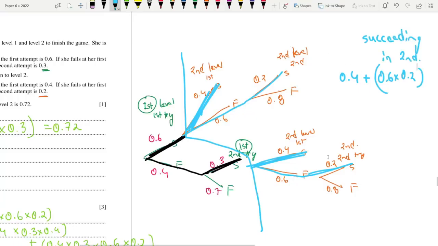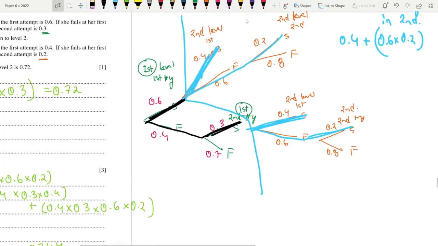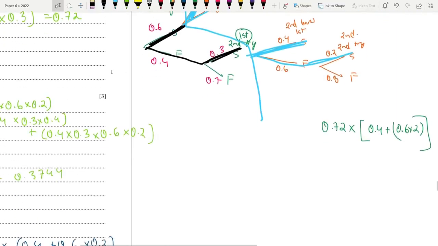Do you guys understand? 0.4 plus 0.6 into 0.2. So succeeding in the first round was 0.72, and succeeding in the second round is 0.4 plus 0.6 times 0.2, for each of them, above and below. So if you multiply these two, you will also get your answer of 0.3744.